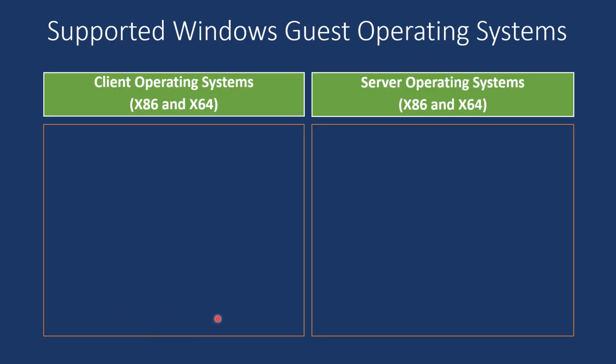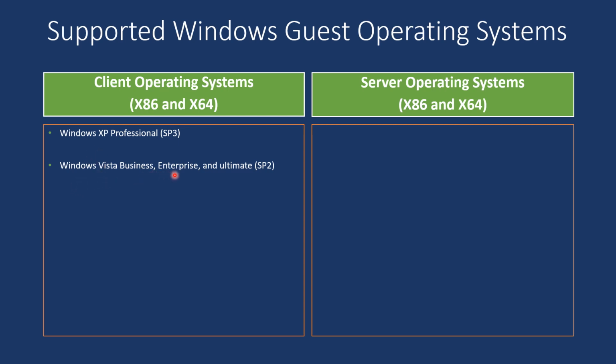Now let us assume we have Hyper-V and we create virtual machines. What guest operating system can you install in the virtual machines? Well, you can install a client operating system, of course, x86 and 64-bit. You can install Windows XP Professional Service Pack 3 as a guest in the virtual machines.